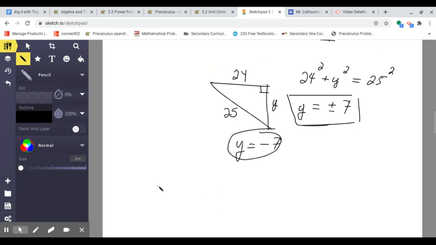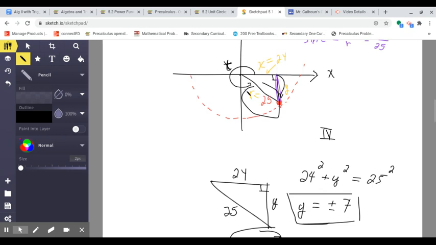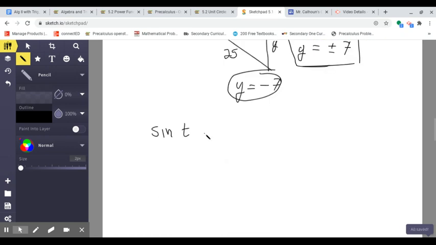Therefore, we have sine of t. And again, we don't know where t is, and it doesn't really matter where it is. We just know that it's in quadrant 4. That's important. So sine of t is equal to -7 over 25, right?